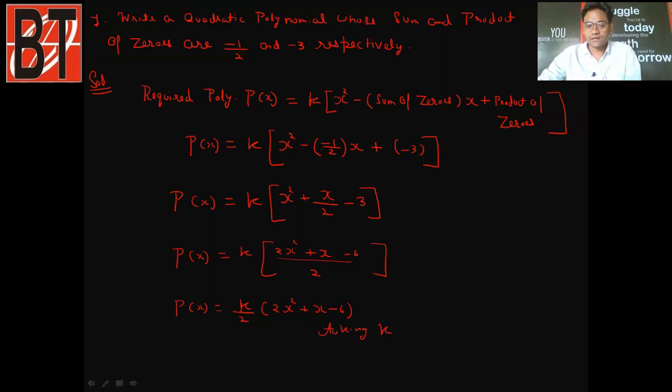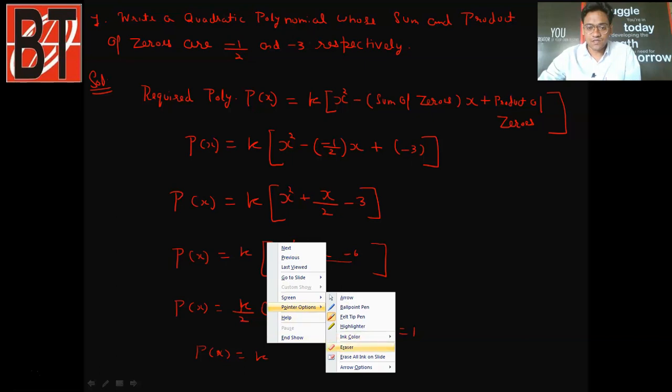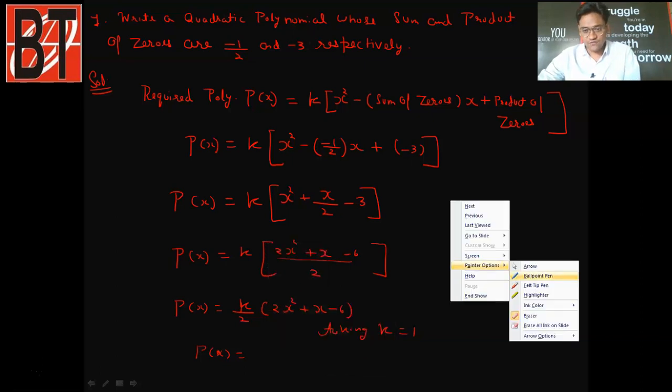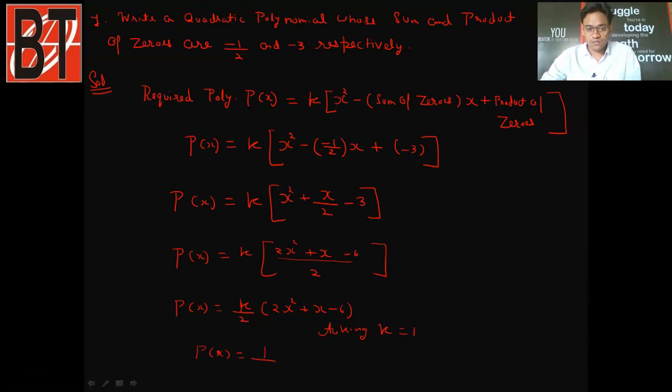Taking k as 1, the expression is going to be 1 by 2. Let me remove this k in the final step. So your answer is going to be 1 by 2 times 2x square plus x minus 6. Clear, students? I hope it's clear. If you take k equal to 2, 2 by 2 will become 1.